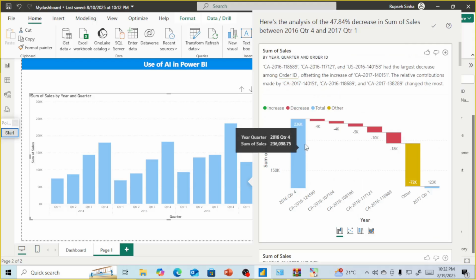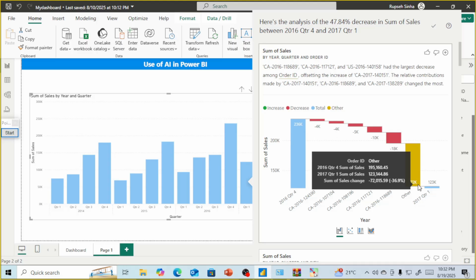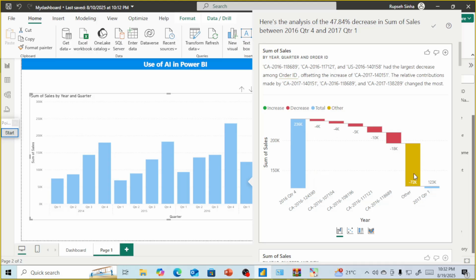Now let us try to understand. So here what it is telling is that 72,000 dollars of sales is less that we are getting due to the other category. So this is the sum of sales by year, quarter and order ID.